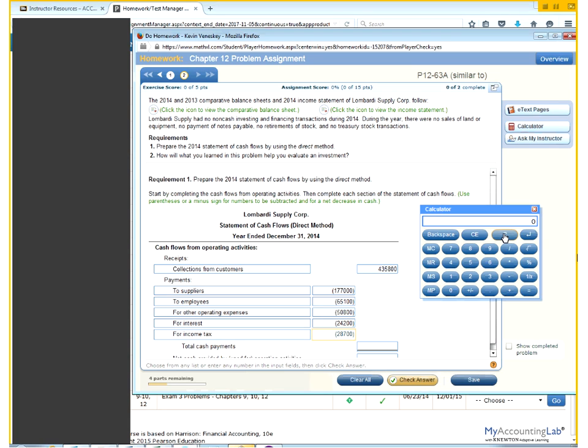Okay, now we'll go ahead and add all these up as a negative number. So $177,000 plus $65,100 plus 50,800. And I get total cash payments of 345,800. So I'm going to write this in negative.